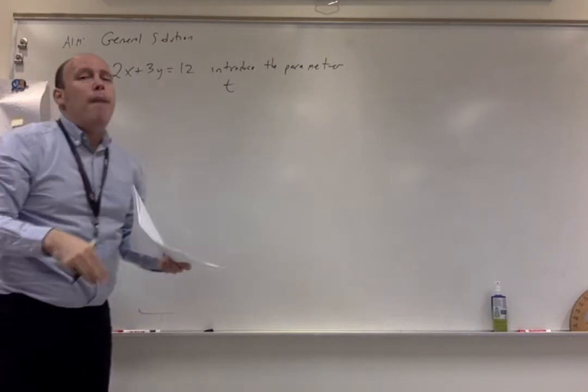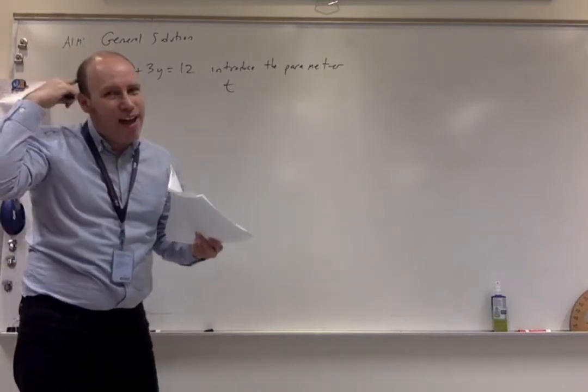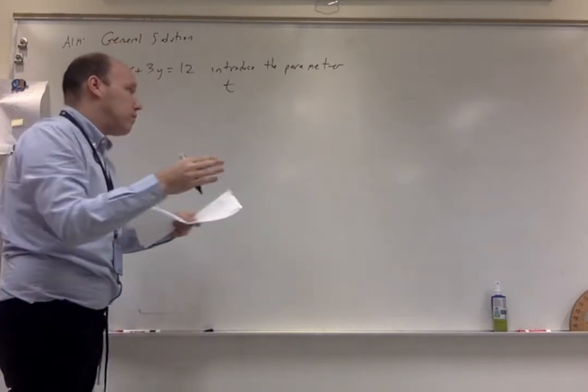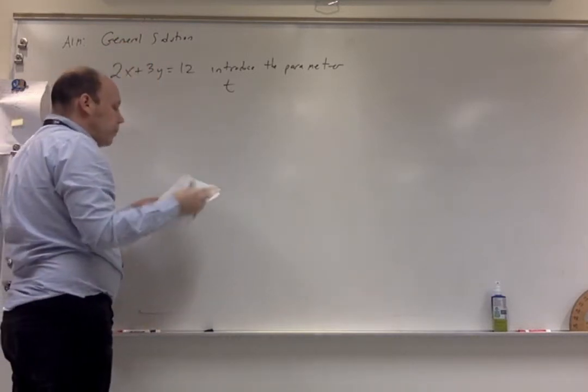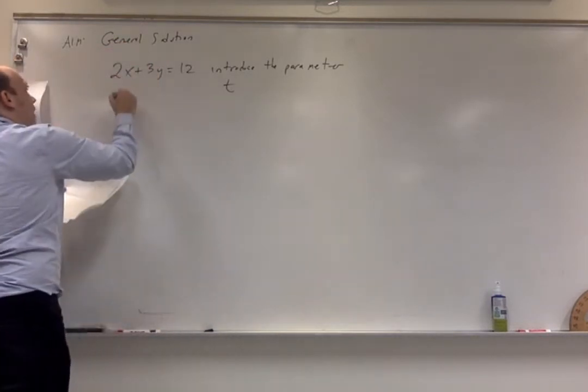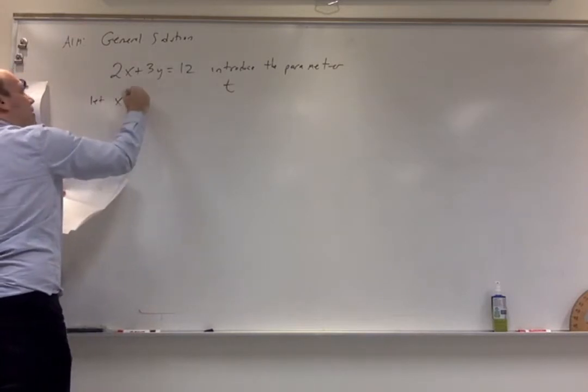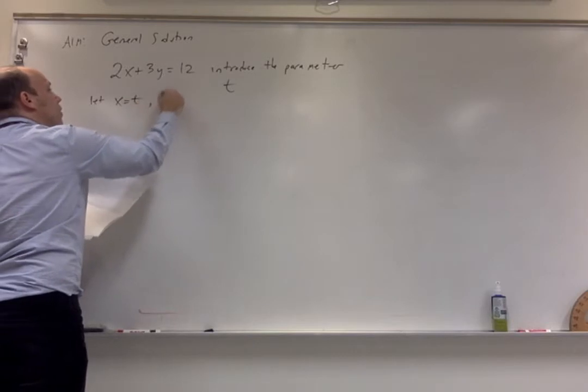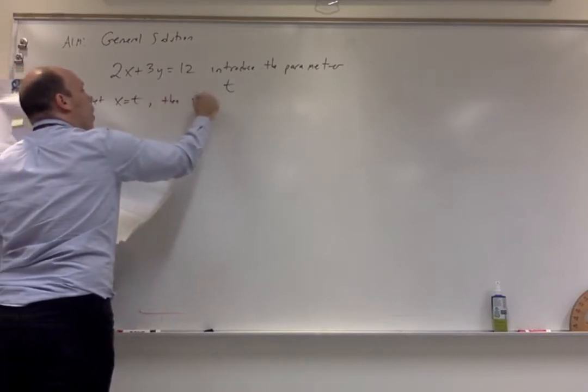I want you to start getting in your head that it's time: 1 second, 2 seconds, 3 seconds. So you're going to let x equal t, and then solve for y.